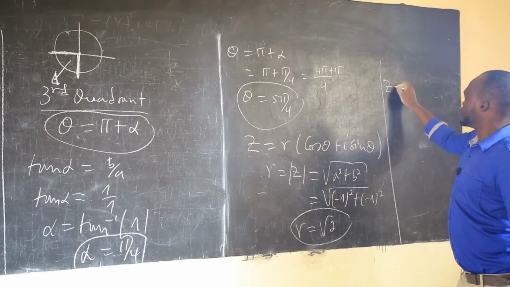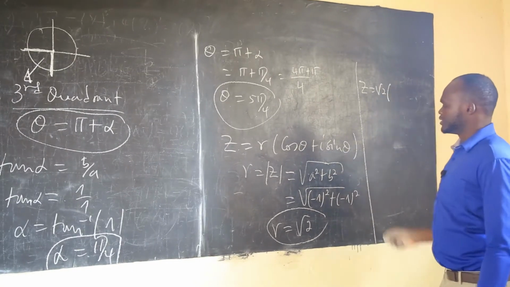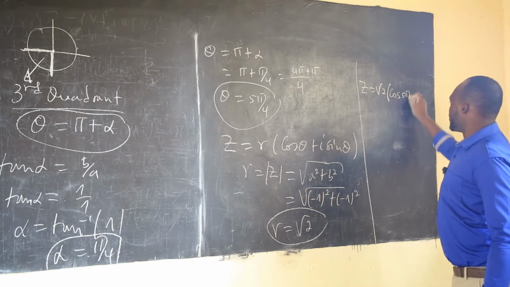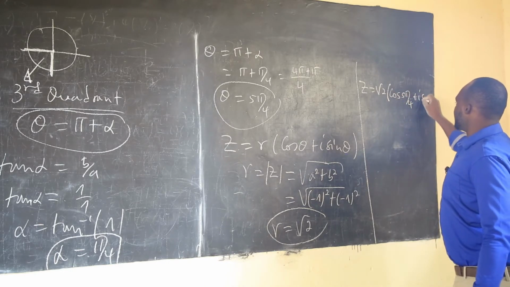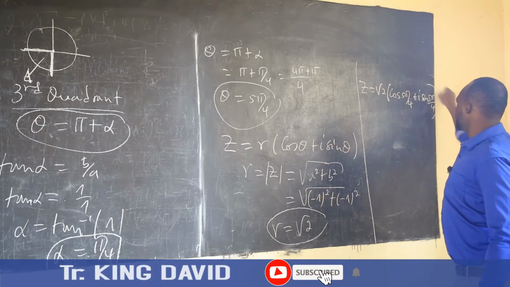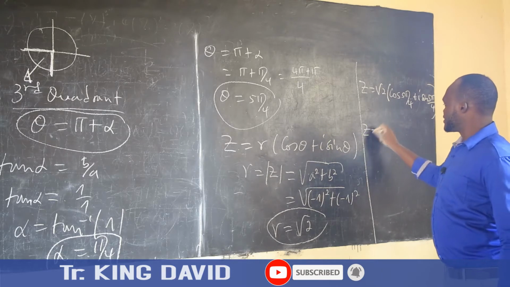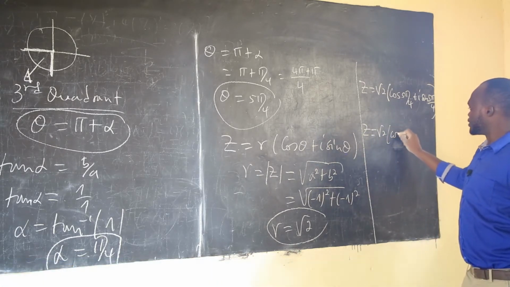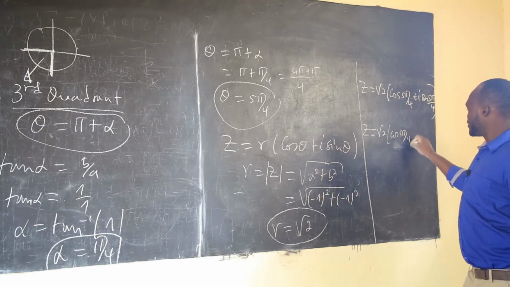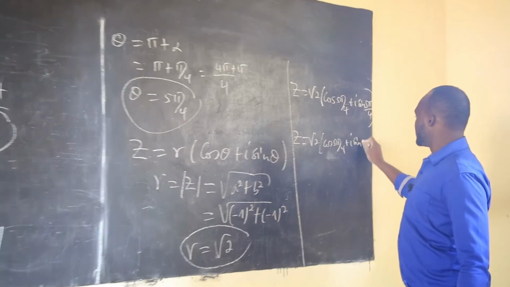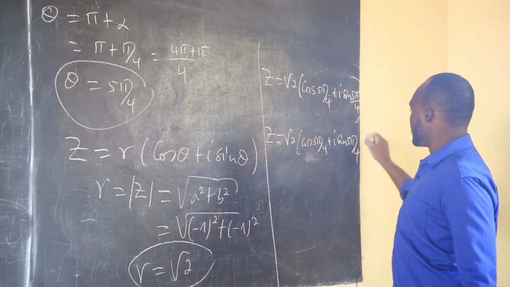So after getting the modulus, come back here. z will be equal to root 2 into bracket cos 5 pi over 4 plus i sine 5 pi over 4.